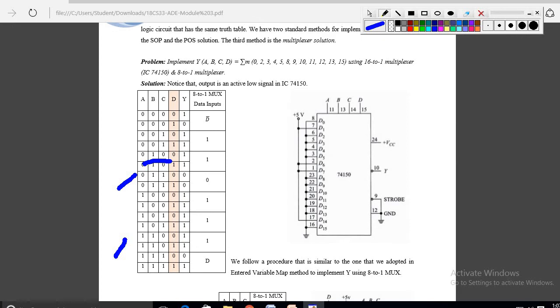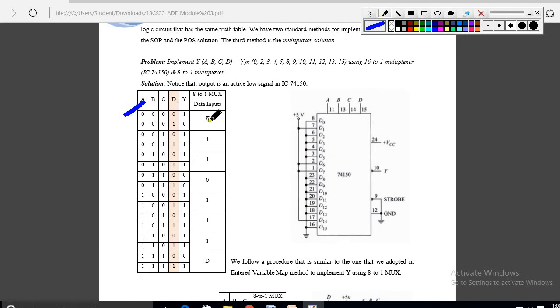If I want to write the truth table for this, with four inputs we have to write the inputs starting from 0000 till 1111. Wherever the min terms 0, 2, 3, 4, 5, 8, 9, 10, 11, 12, 13, 15 occur, we write 1, and the remaining we write 0.